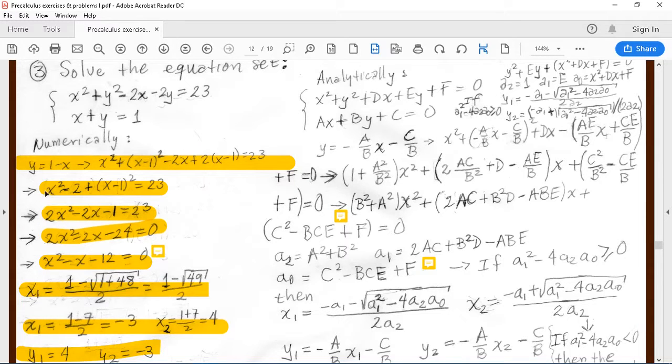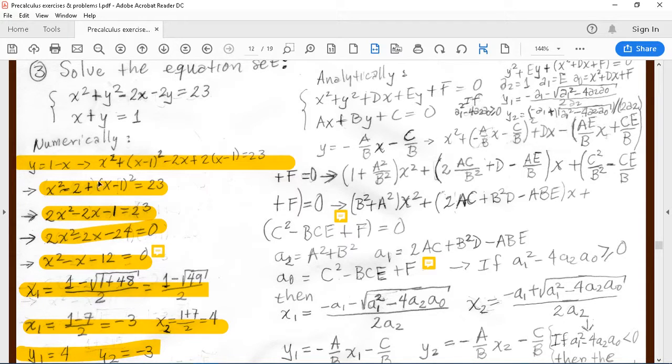And we have then x squared plus x minus 1 squared, and here we have minus 2x plus 2x cancel out, and we have minus 2. So we have x squared minus 2 plus x minus 1 squared equals 23.